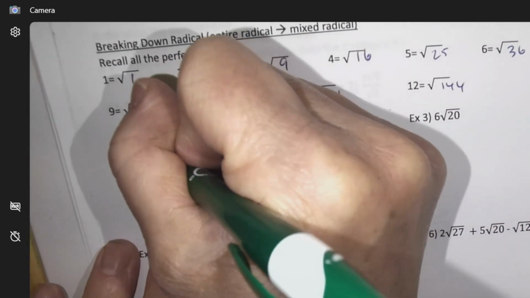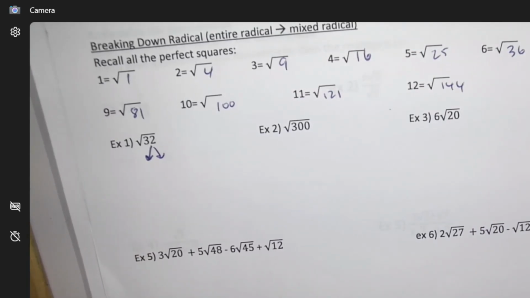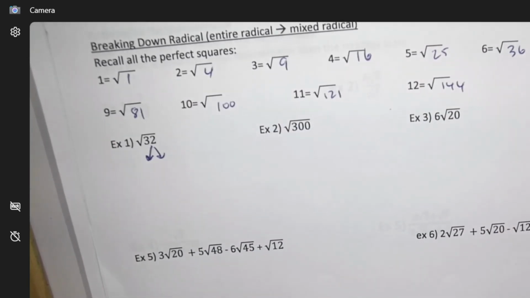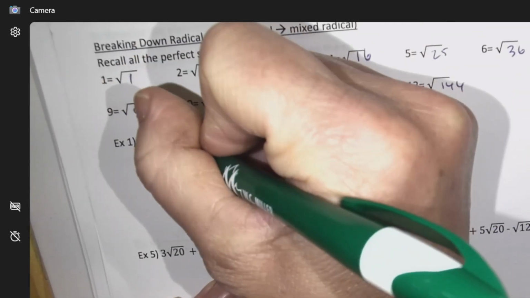So what I'm going to do is I'm going to think about a perfect square, 32 is divisible by, and I actually specifically want to pick the largest perfect square I could divide it by. 32 is divisible by, did you get any of these numbers that it could divide by? What is 32 divisible by?